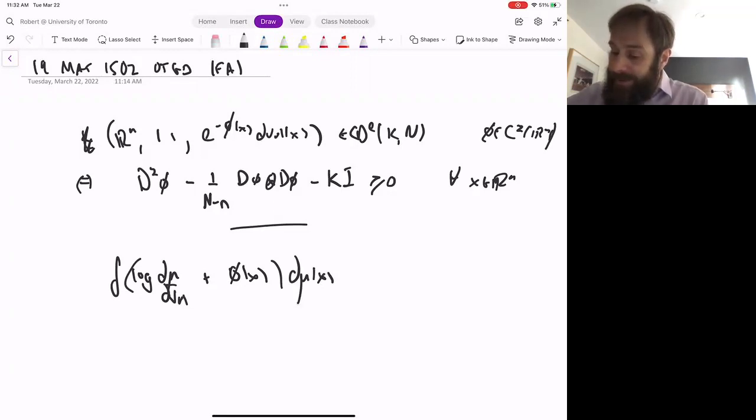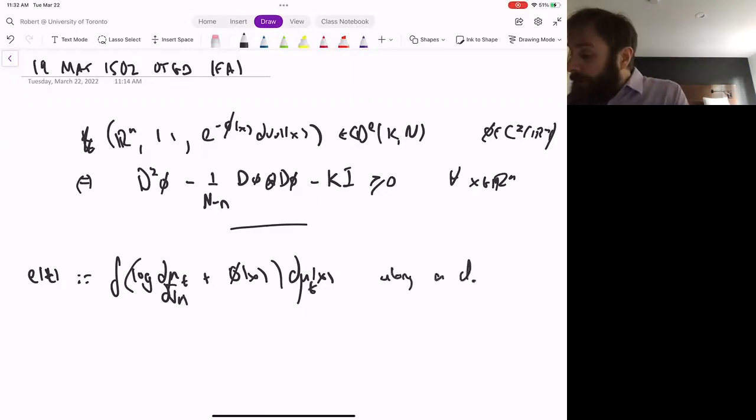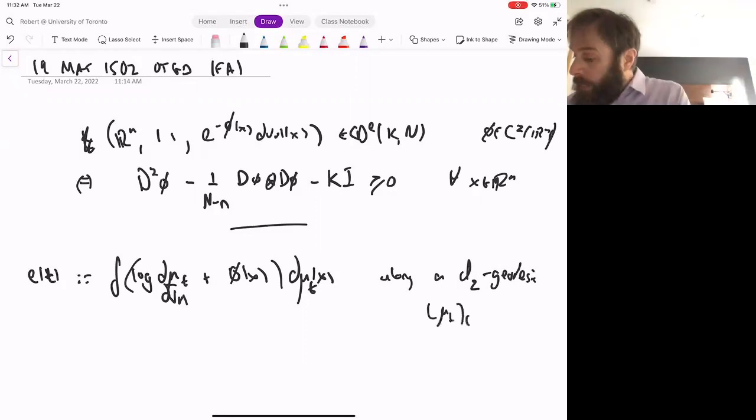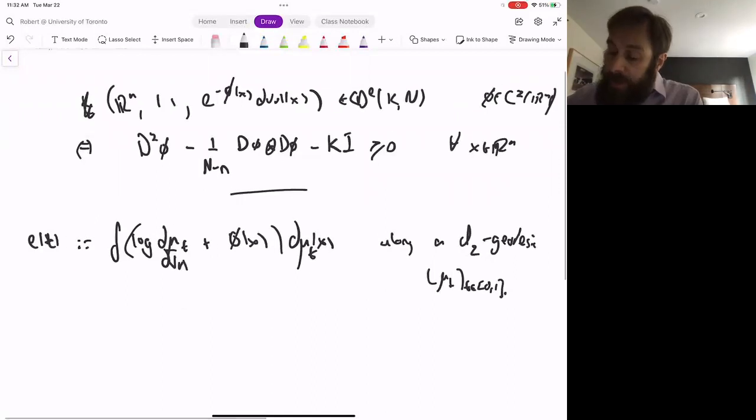Let me call it E of t, along a D2 geodesic. And I needed to compute the second derivative of E.